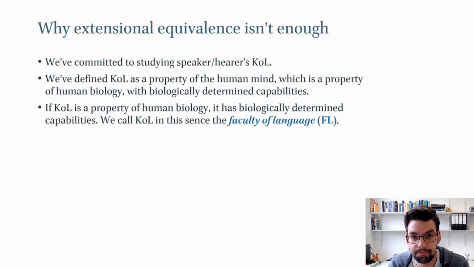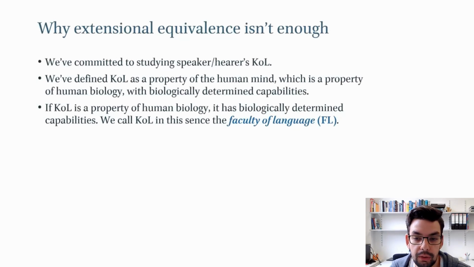If knowledge of language then is a property of the human biology and has biologically determined capabilities, then it will be one way or another, right? Even though we can't see it, if you think about it like a black box that you can't look inside and you can only see what goes in and what goes out at the moment at least, maybe one day we have amazing neuroscientific breakthroughs, it is just as real a physical object and state of the world, a state of neurons and things, as anything else.